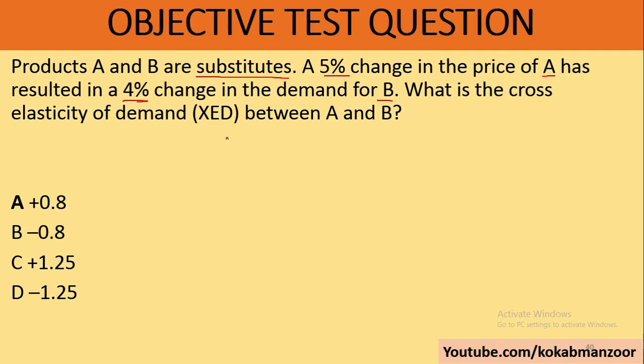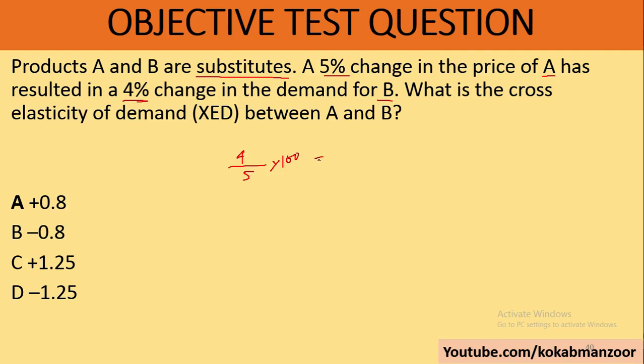5%. So here you need a little calculation for it. So we have said percentage change in demand divided by percentage change in the price. So we can have percentage change in demand is 4, percentage change in price is 5, multiplied by 100, you will get the answer, right?